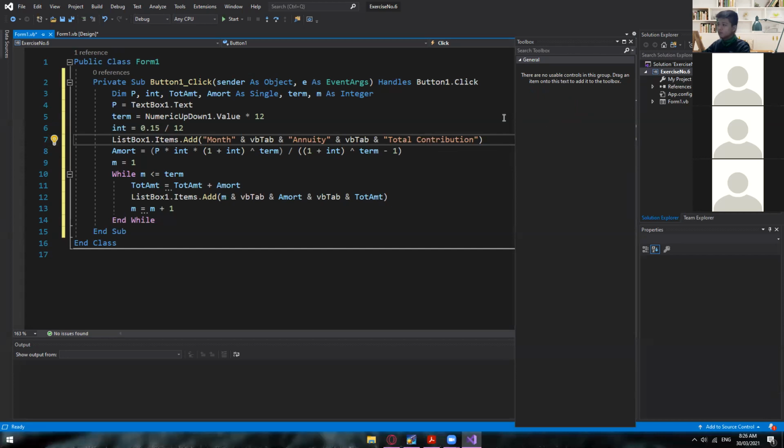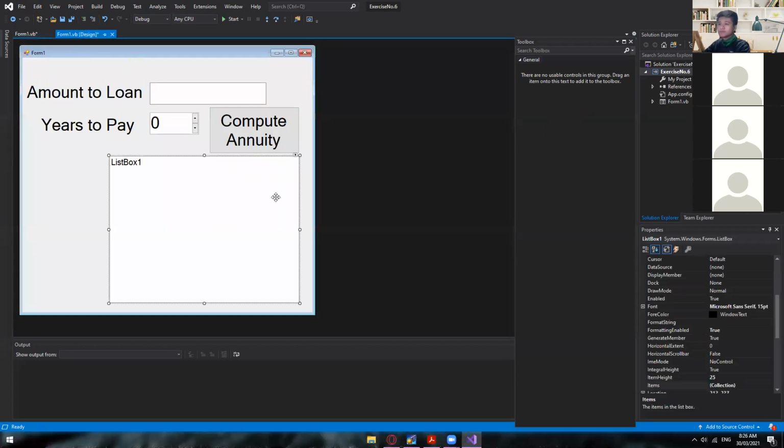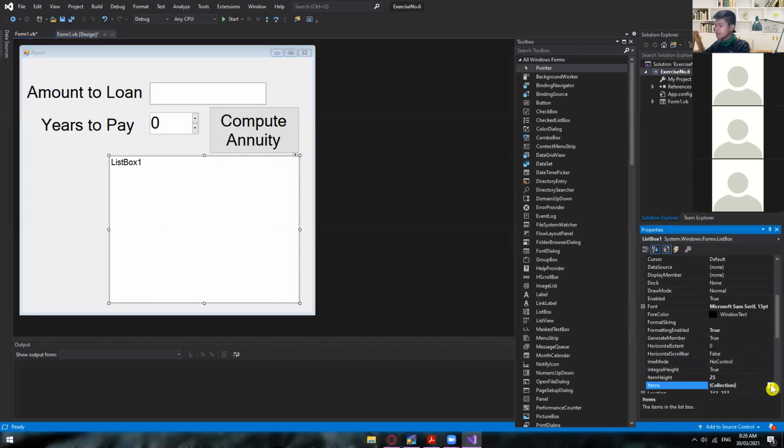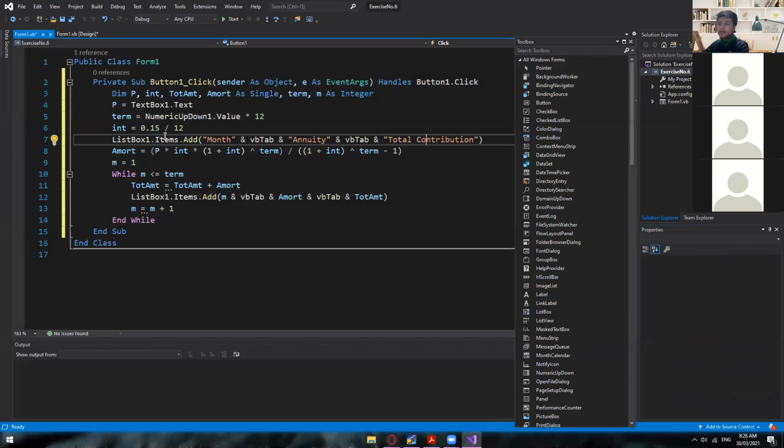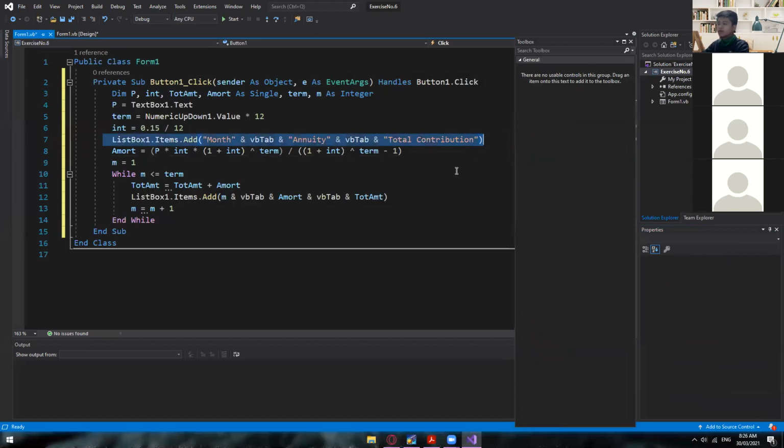So if you want to put it manually using the list box and then going to the collection and typing everything right here, then you should remove this one because it will double the titles or labels on that list box.